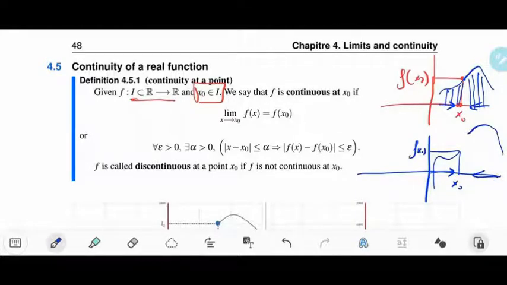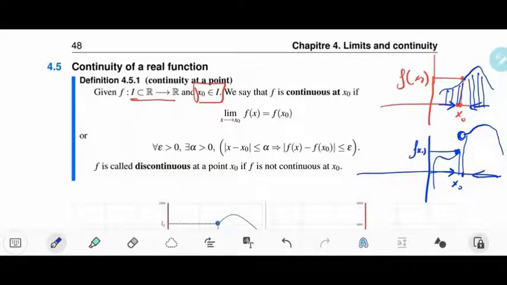It will come, for example, in here. So the image of x0 is in here, and the point in here is void, so you don't have an image for x0. But right next to x0 on the right side, you have an image in here. So if you have such a function, we say that it's discontinuous or not continuous at this point.